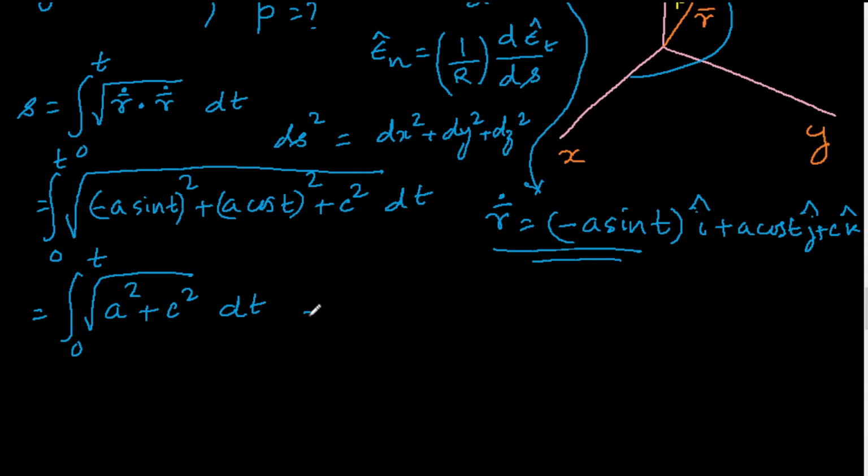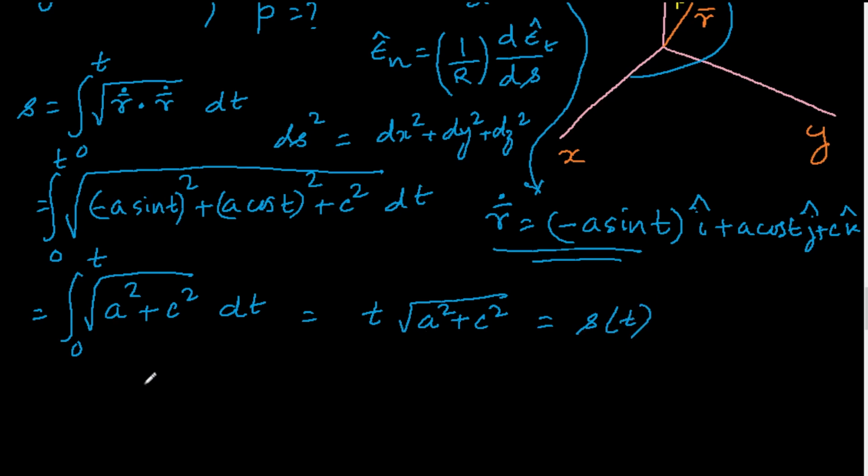So that means this is equal to t times the square root of a squared plus c squared. So this is what I was talking about, s as a function of time.